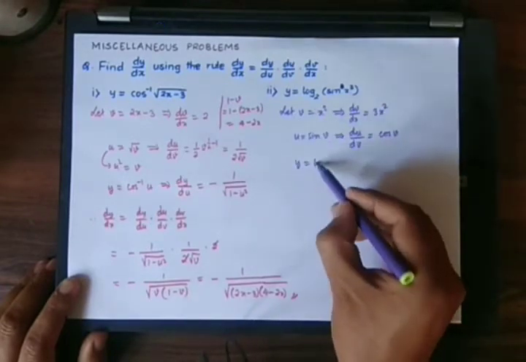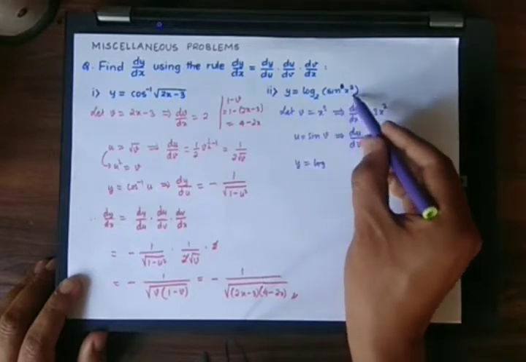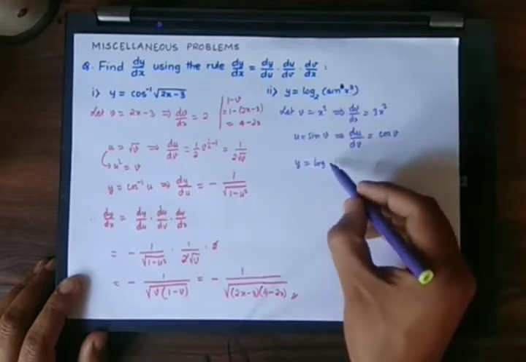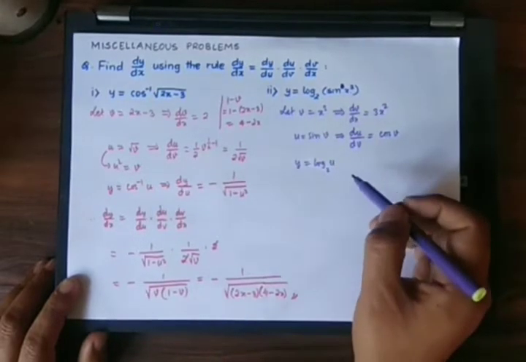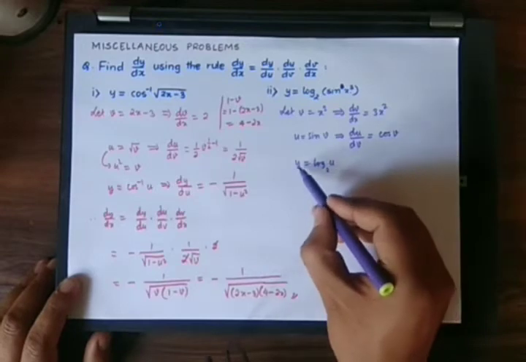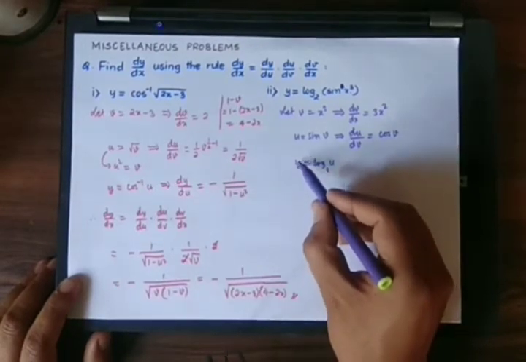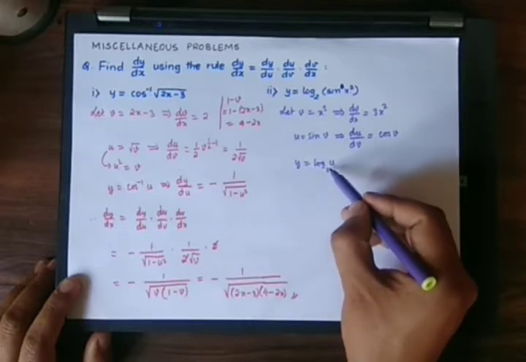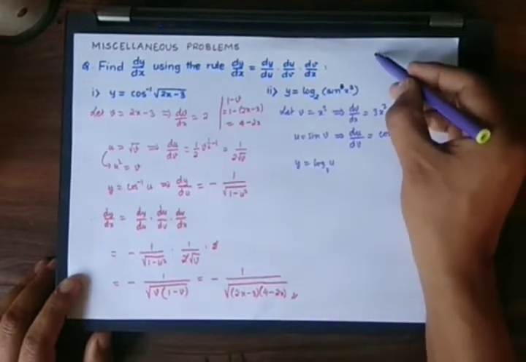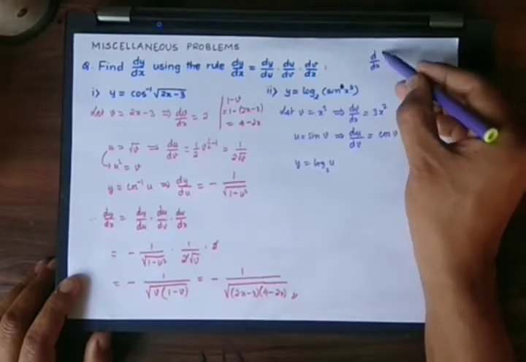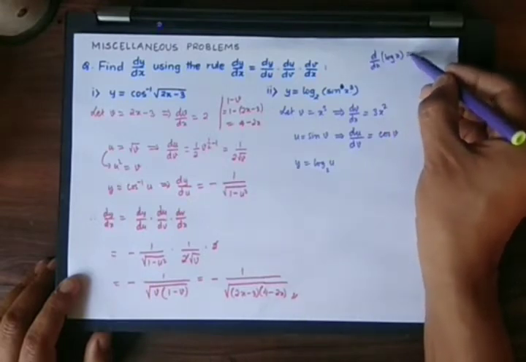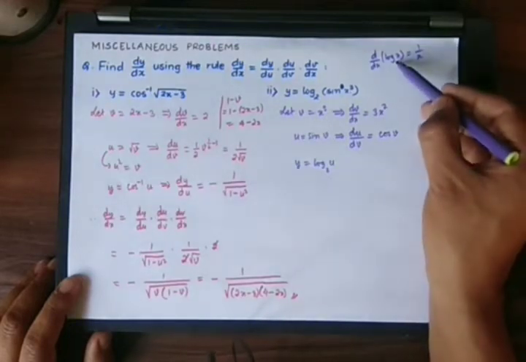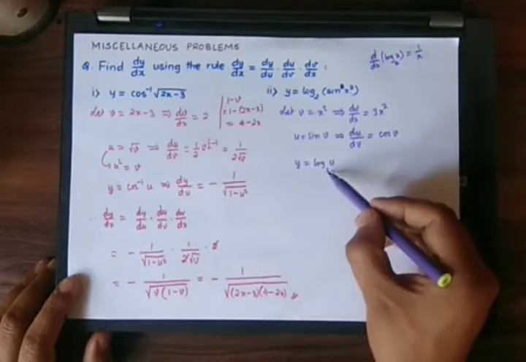So y is log, and this full function, that is sine x cube, that is sine v, is u, so that's why it's going to be log base 2 of u. Now before we find dy by du, we have to be careful, because as I said, there's a formula which says dy by dx of log x is going to be 1 by x. So to use this formula, the base has to be e, right? But here we have got base 2.